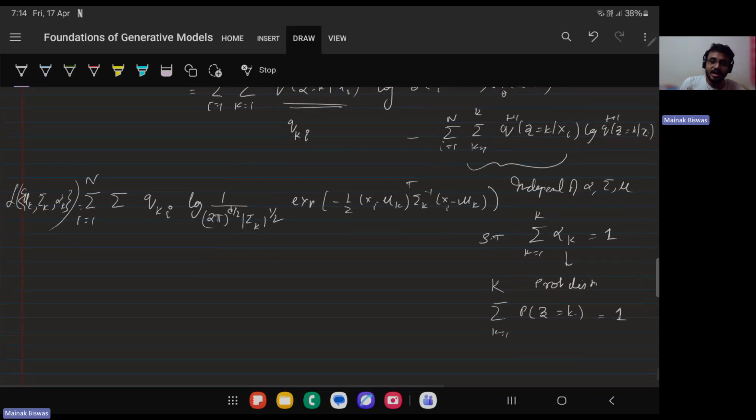I will have to write down the Lagrangian as we have seen, because there is this constraint.